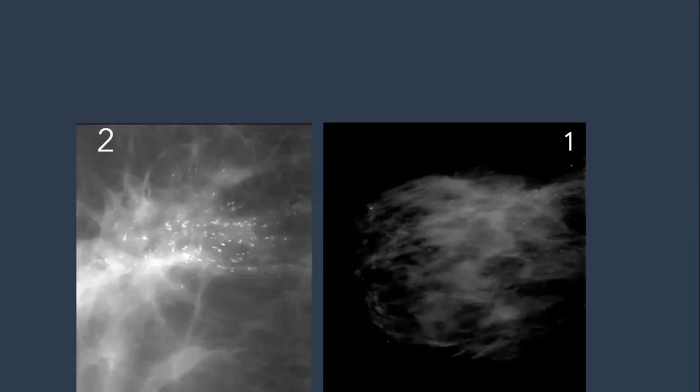We spent how many hours describing the calcifications? The name of the calcification. This is pleomorphic. Okay, pleomorphic calcification, and it is grouped and segmental or global.